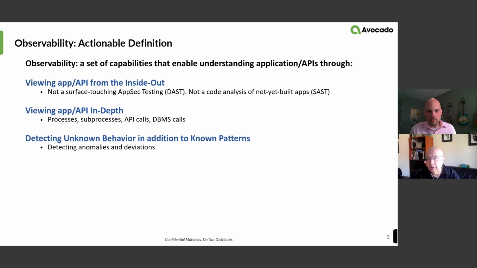Another capability is detecting unknown behavior. Many, if not most, technologies in most cases apply patterns and signatures to understand application behavior, to detect vulnerability. And this is a really powerful approach, but this is not enough. You need to detect anomalies and deviation. Imagine a potential attacker comes through your first layer of defenses within the application, vertically.